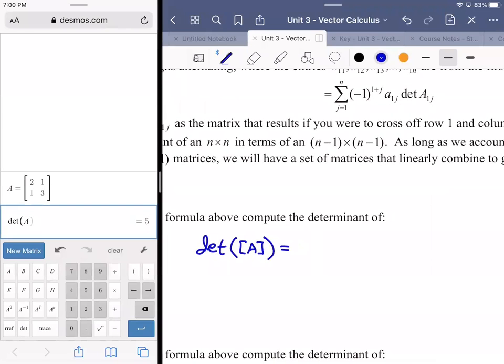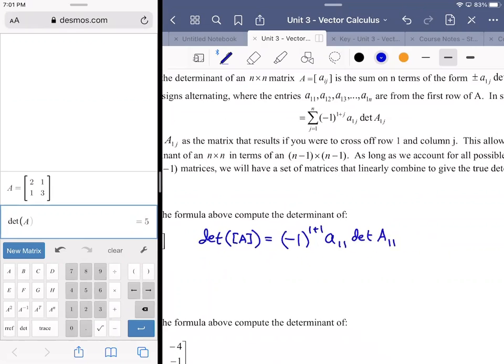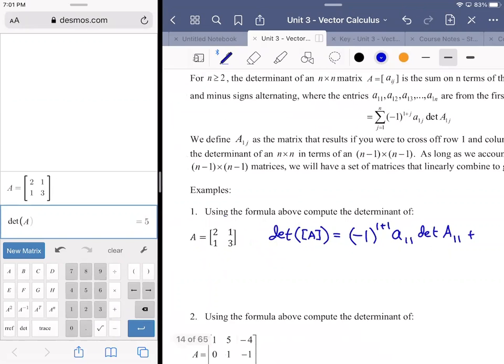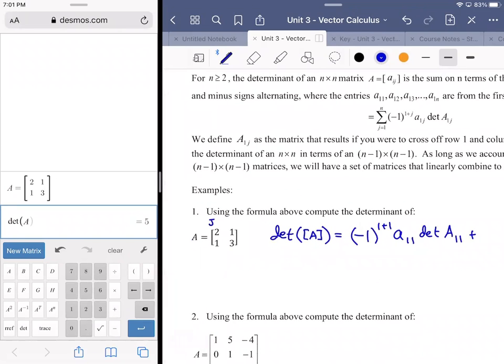So -1 raised to the 1 plus 1, a sub 1,1, determinant of matrix A sub 1,1, and then plus, it's j going from 1 to n. So the j value here, j equals 1. Lowercase j, let's not get too cute. j equals 2. This is i equals 1. And this is i equals 2.